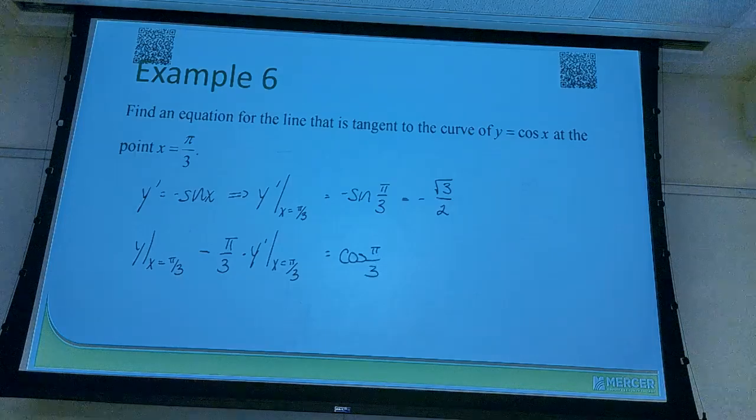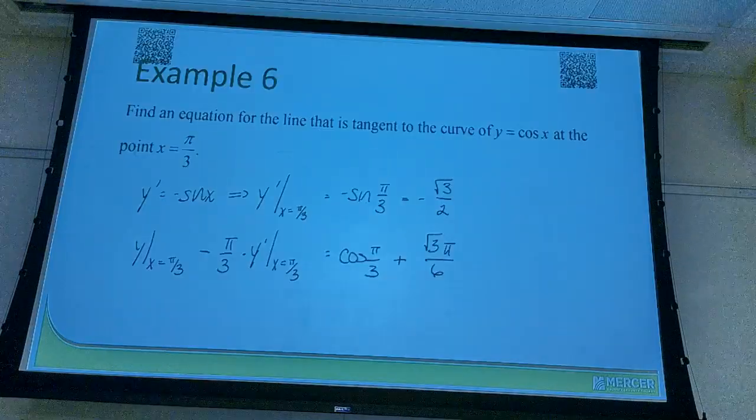But y is cosine, right? Y prime, we already said, was negative root 3 over 2. What is cosine of pi over 3? 1 half.